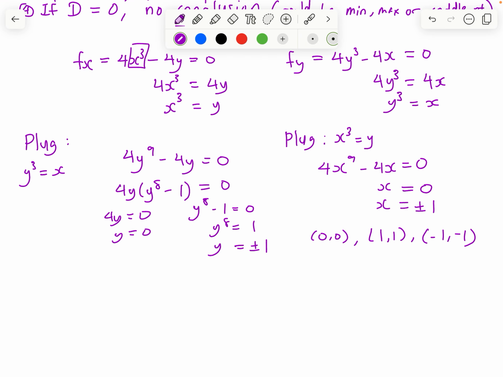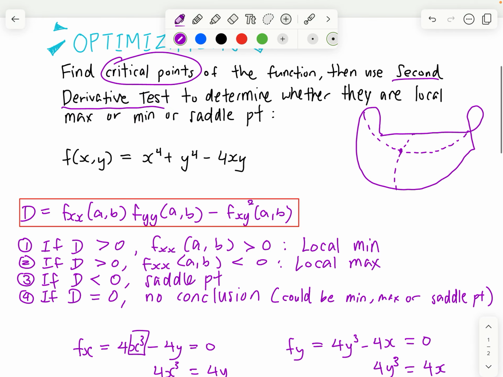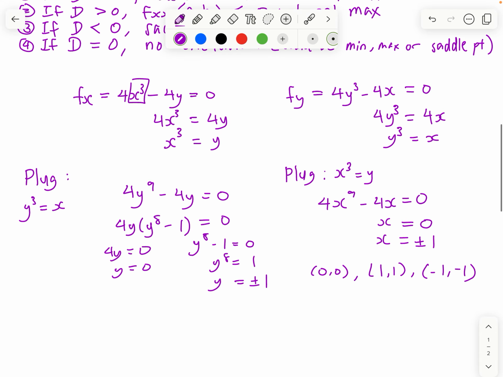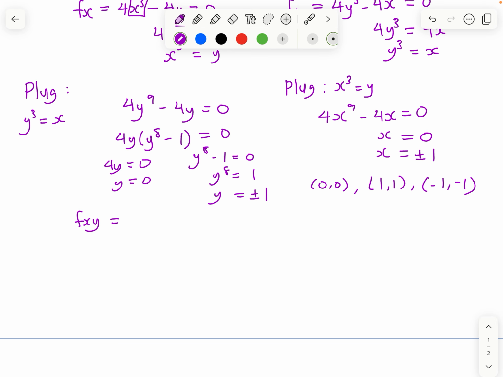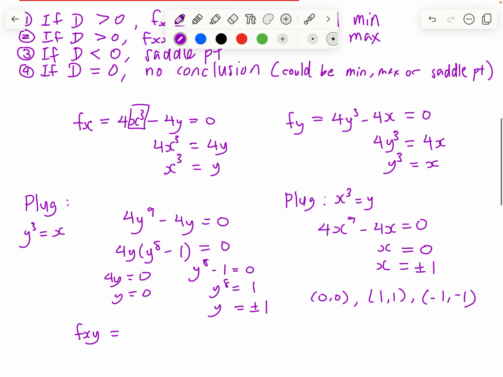And then the next step for optimization, because we're dealing with multivariable, we're not completely done with the problem. So in multivariable, you also want to take fxy, because notice in the formula for the second derivative test, we want to know what fxy is, and what fxx and what fyy is. So we'll find that. fxy is we are taking the derivative of fx, and now we do it in terms of y.